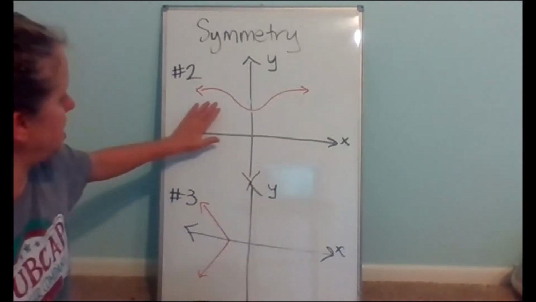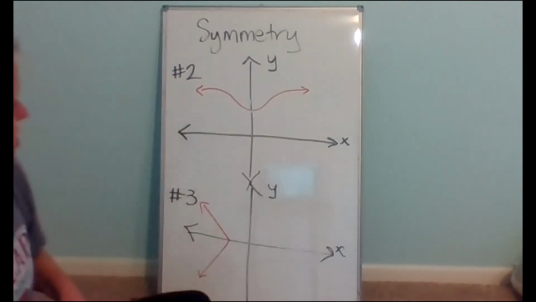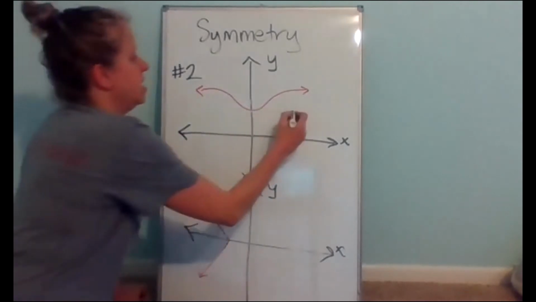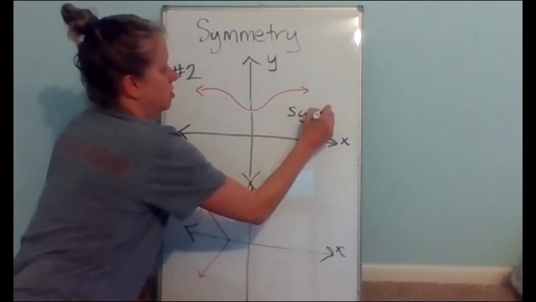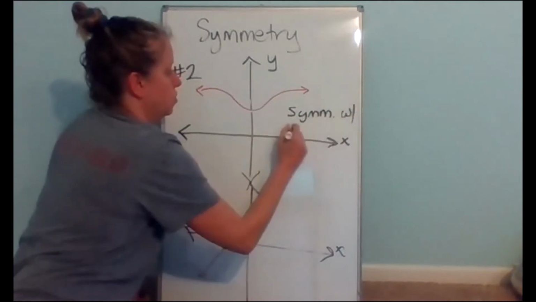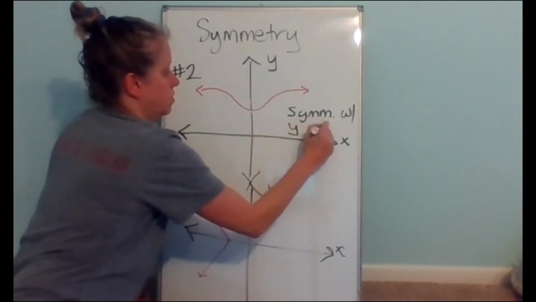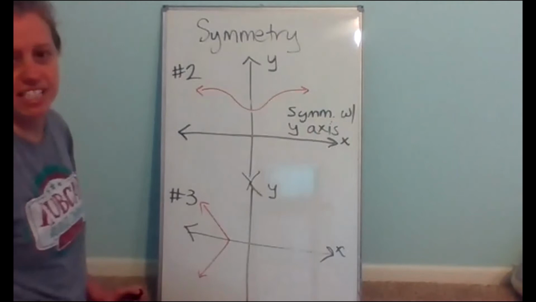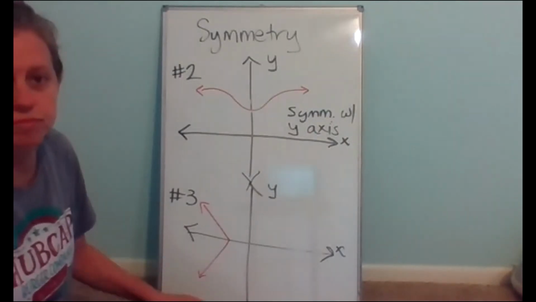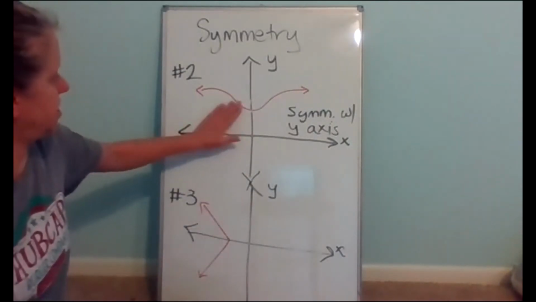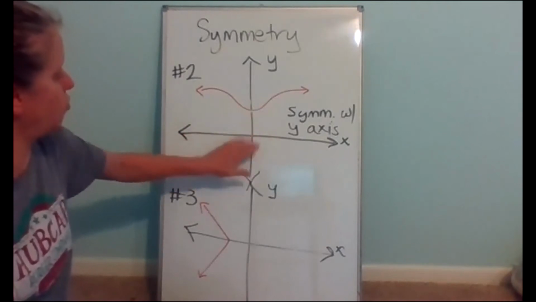So that's what we're seeing on number 2: this graph would be symmetrical with the y-axis, because the same thing is on both sides of the y.